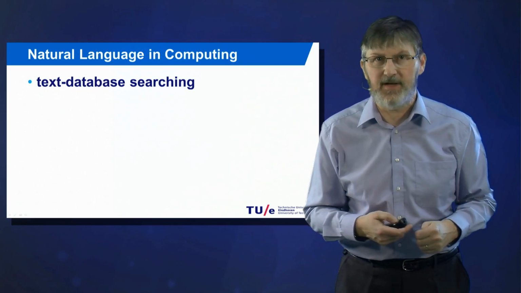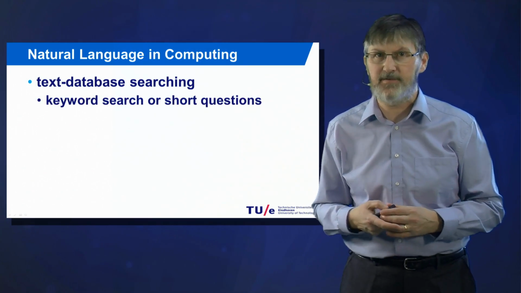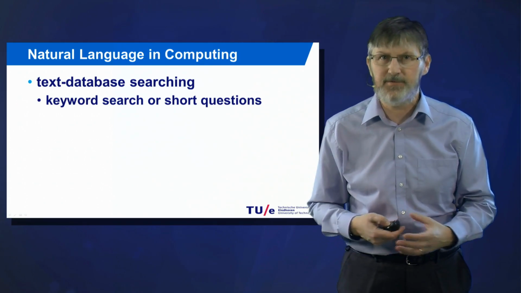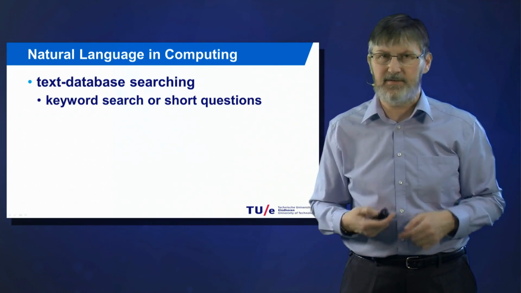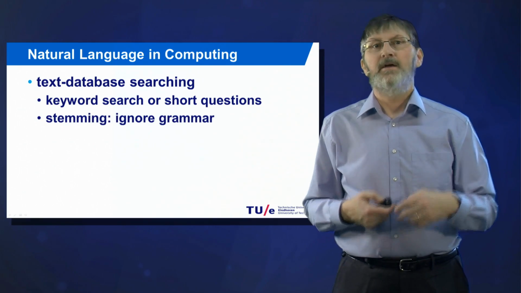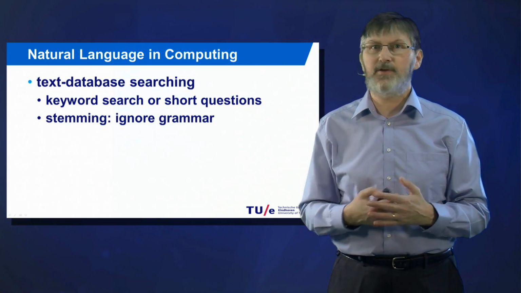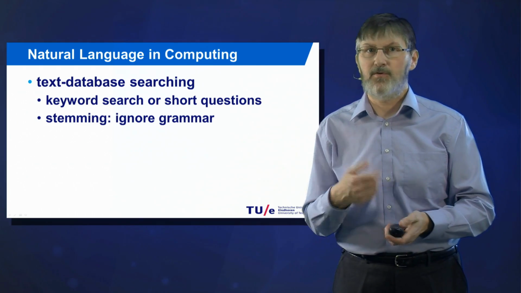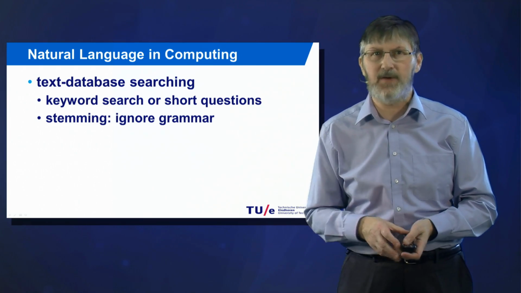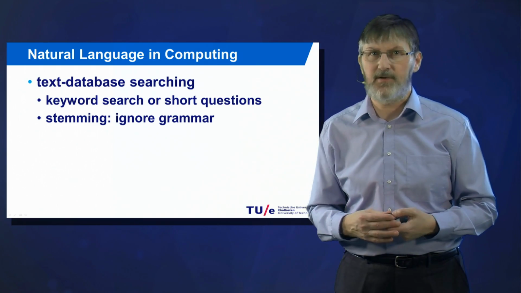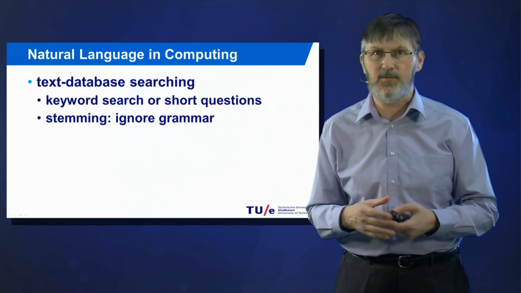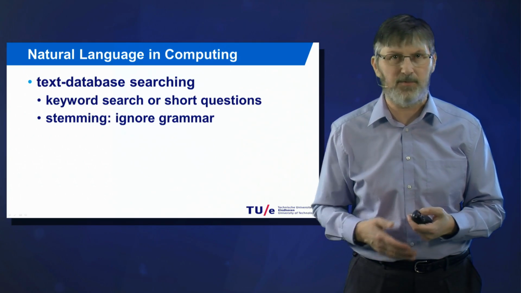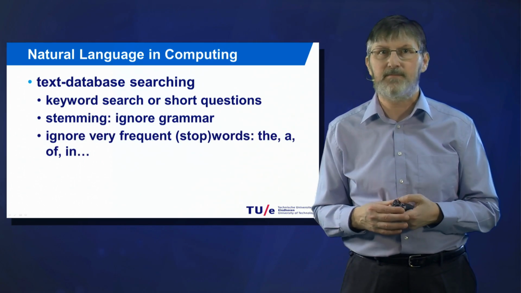So we use natural language, for instance, in text database searches, using keyword search or short questions like the centipede legs. The system can ignore most of the grammar. Just like in the creation of computer commands, we don't use grammar. In understanding natural language, very often we don't need to know whether something was future tense or past tense to answer the question.